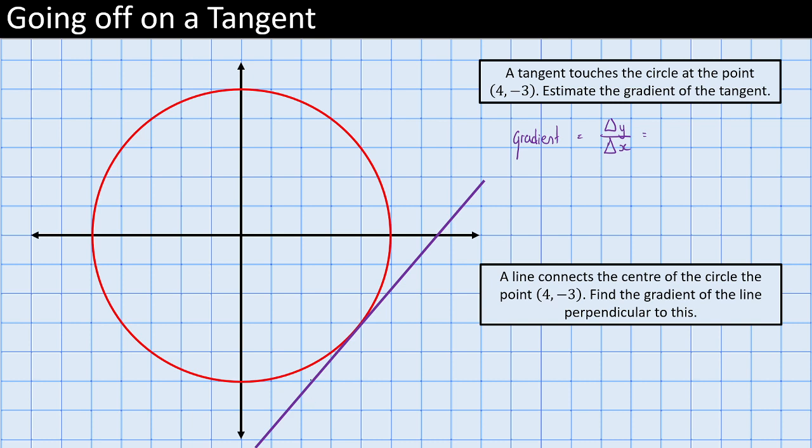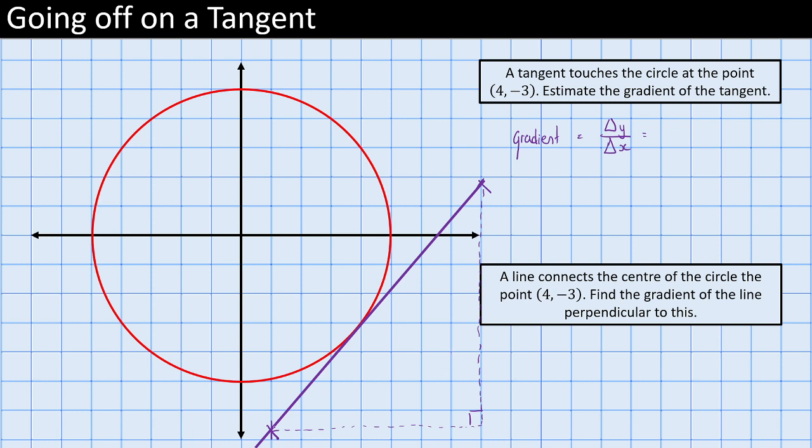Now this line is really awkward because it's not clear to tell any good spaces to start. So I'm going to start down here, and I'm going to go across as far as I can, and I'm going to end up there. If in doubt, make your gradient triangle as big as you can. It will make it as accurate as you can.